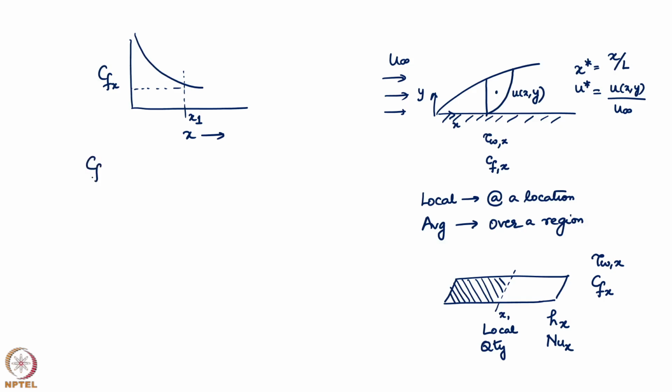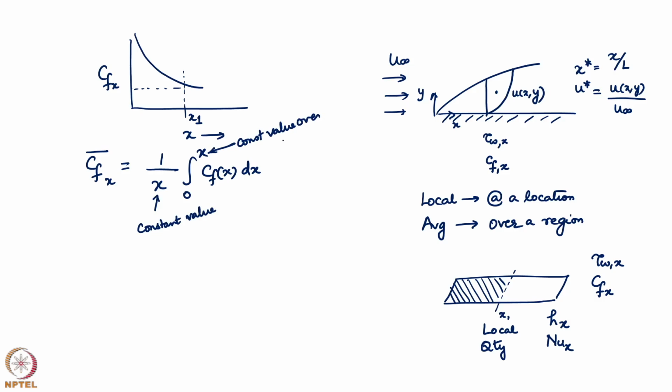So, Cf x bar, this bar would represent the average. It is 1 over x, integral from 0 to x, Cf of x dx. This x could be a number which is say L by 3, L by 4, whatever. It need not be treated as a variable. You can say this is a constant value over which the average is needed.